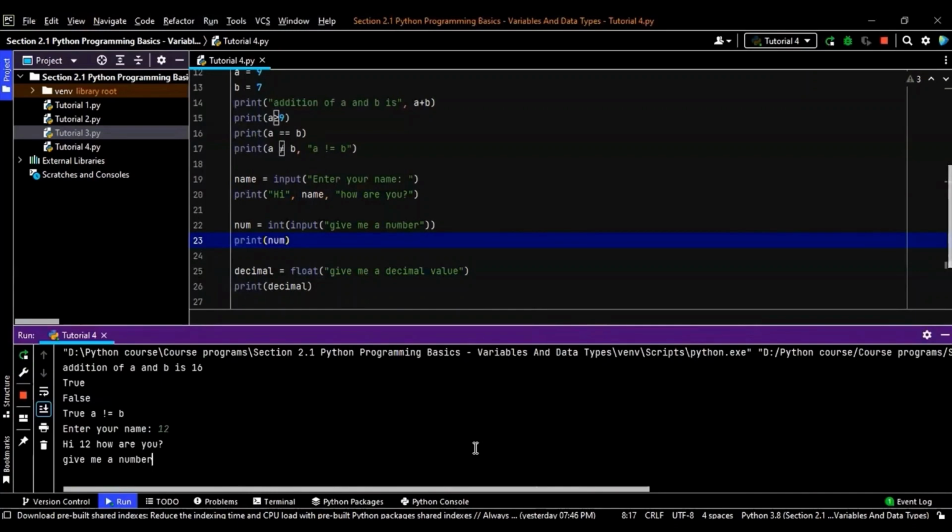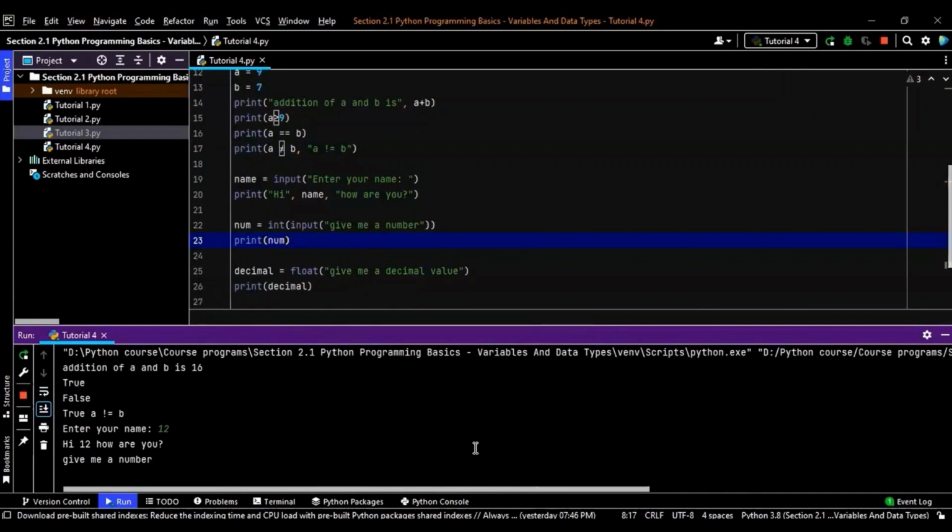If you remember when we were talking about data types, I told you the conversion from number to string or float to string is possible, but the vice versa is not possible. That means you cannot convert a string to a number or a string to a float. All right.